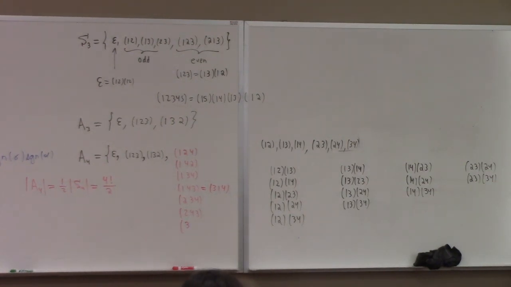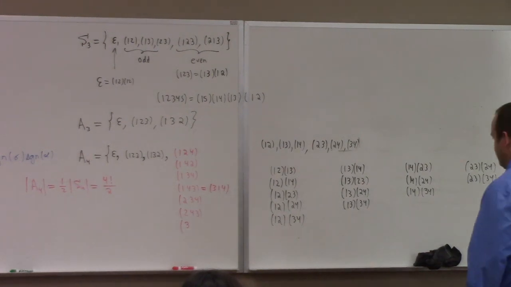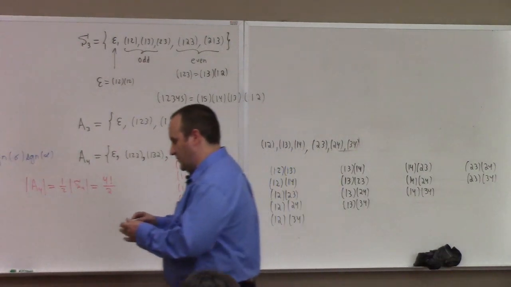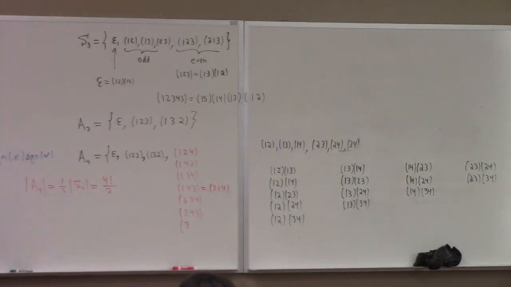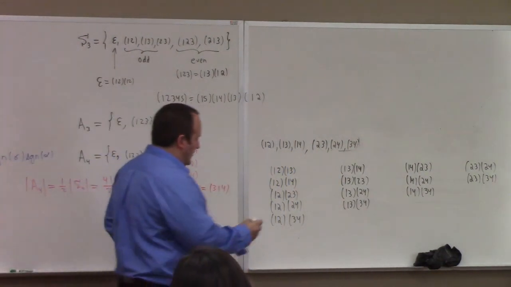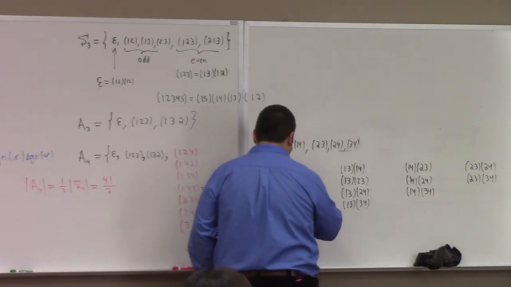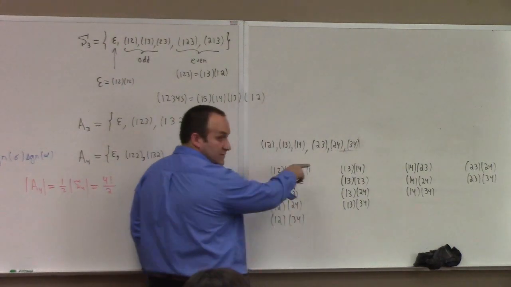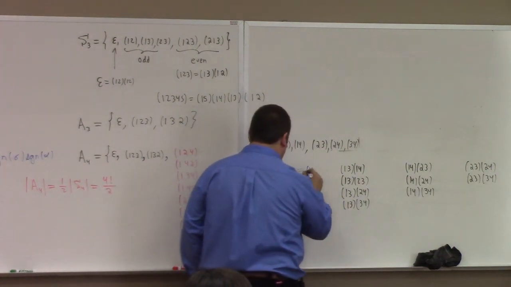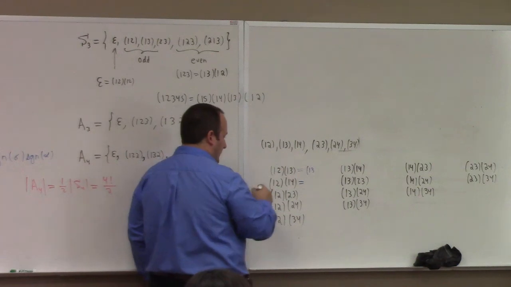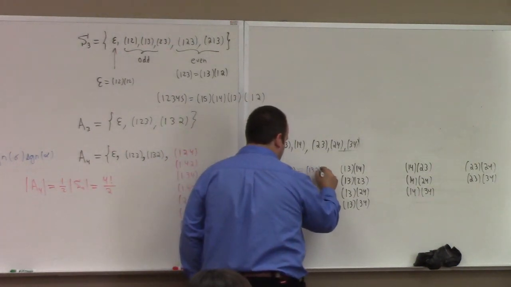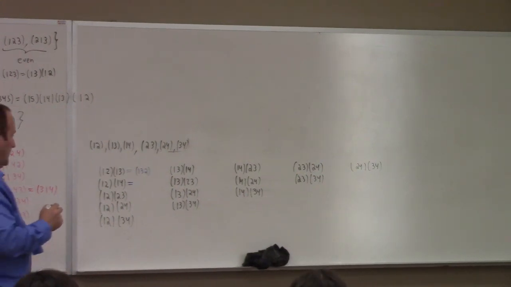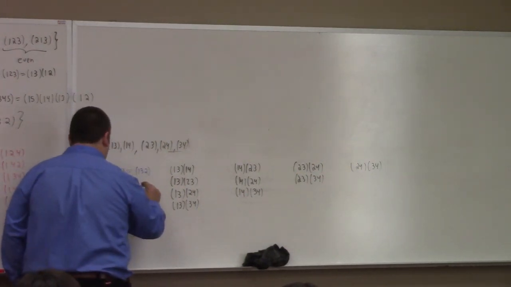Are they unique is a good question. This is actually a great calculation. Let's work them out. What's this equal to? If I start with 1, what do I get? 1 goes to 3, 3 goes to 2. I guess that's it, huh? And this one?